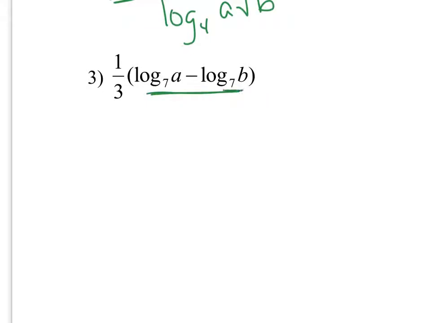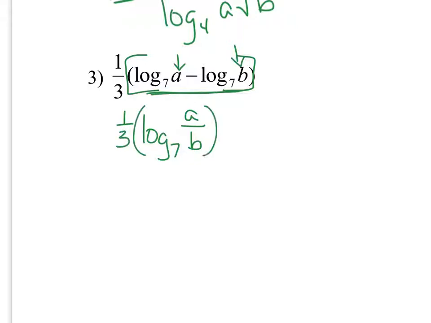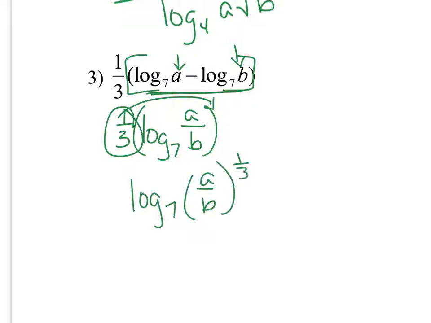Here, it's a straight subtraction. With subtraction, it's log base 7, and we're going to divide these two. It's always the first one divided by the second one. This 1/3 is on the outside, so this 1/3 being multiplied now becomes an exponent on them both. There we go.